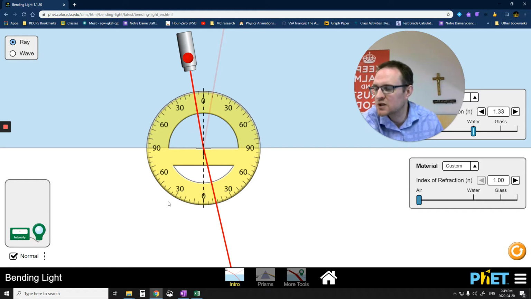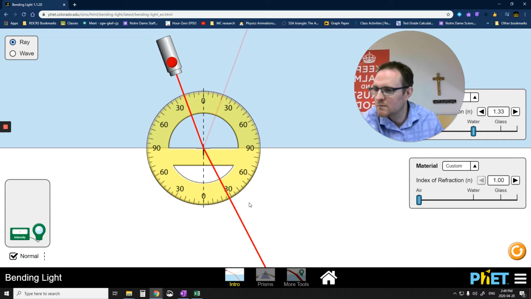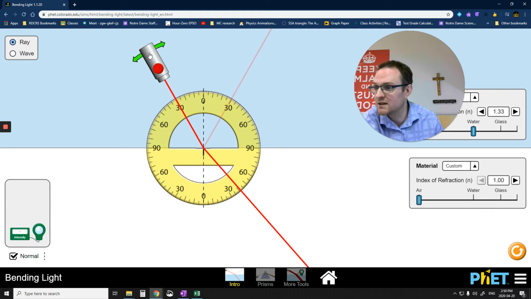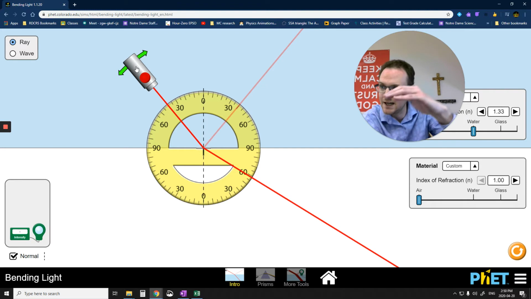So it's changed. It's bending away from the normal, which is what we expect. If I move it to 20, now it's past 25, almost 30 degrees. If I move it to 30 degrees, you can see now it's past 40 degrees. As I move it to 40 degrees, you can see now we're at 60 degrees. So the change is getting bigger on the other side.